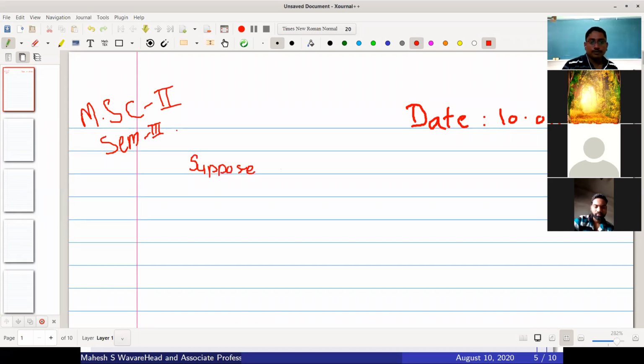Suppose the characteristic of F is p, and it is not equal to 1 as you have seen. You are assuming that the characteristic of the field is non-zero. If it is 0, we are done. Now our target is that this p is prime.